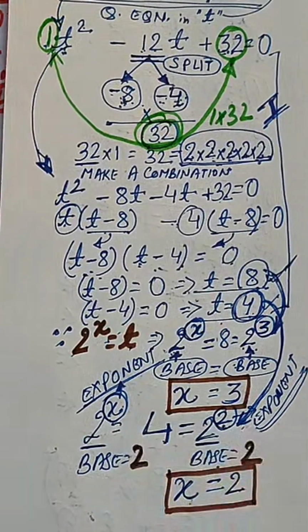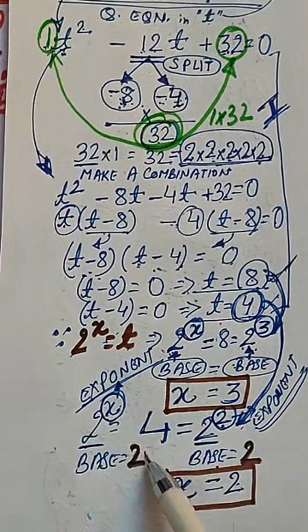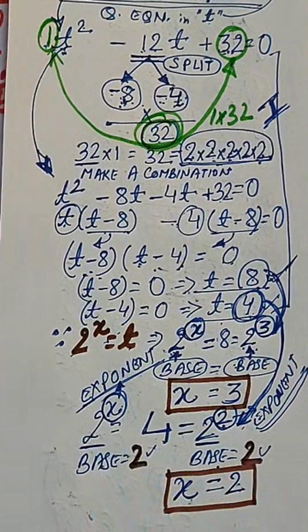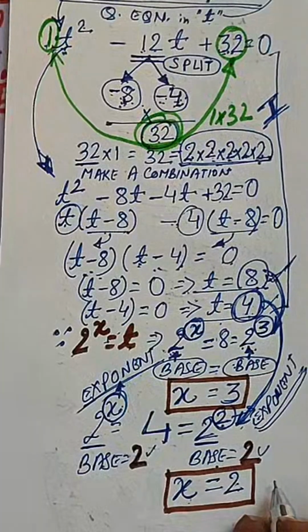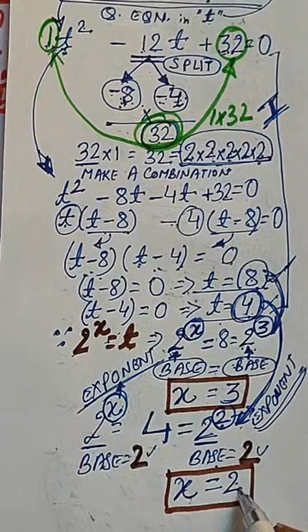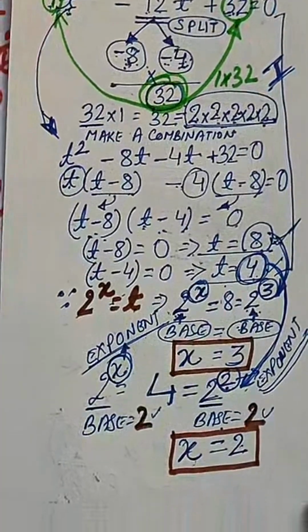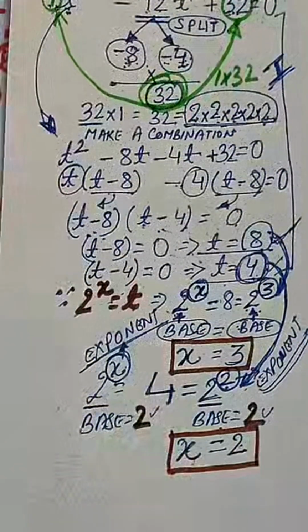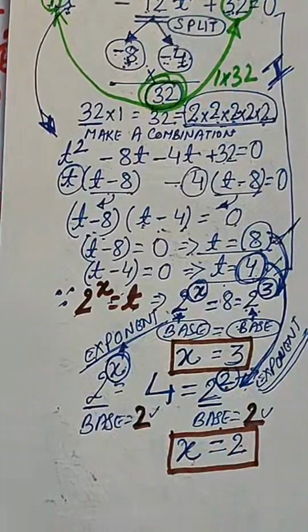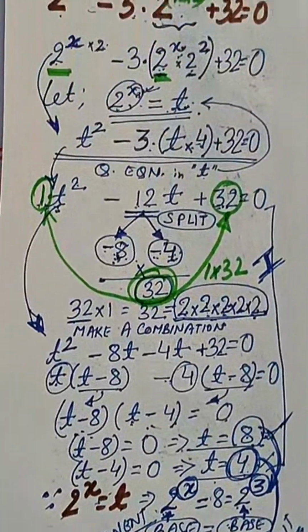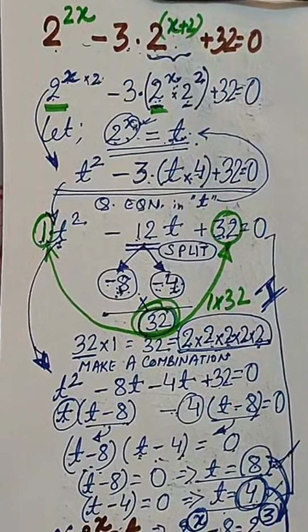So x and 2 can be equated because the bases are the same, 2 and 2. So this will give you the value x equal to 2. So we have the solution with us, x equal to 2 and x equal to 3. And this x equal to 2 and x equal to 3 is the solution of the quadratic equation, this one.